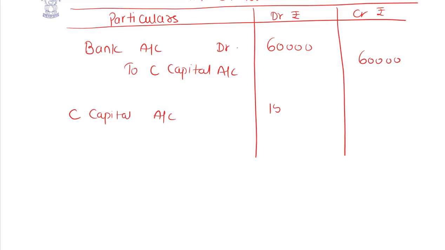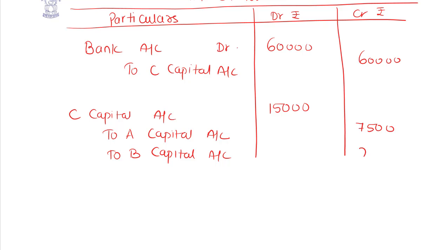C's capital account 15,000, gaining partner, to A's capital account 7,500, to B's capital account 7,500.